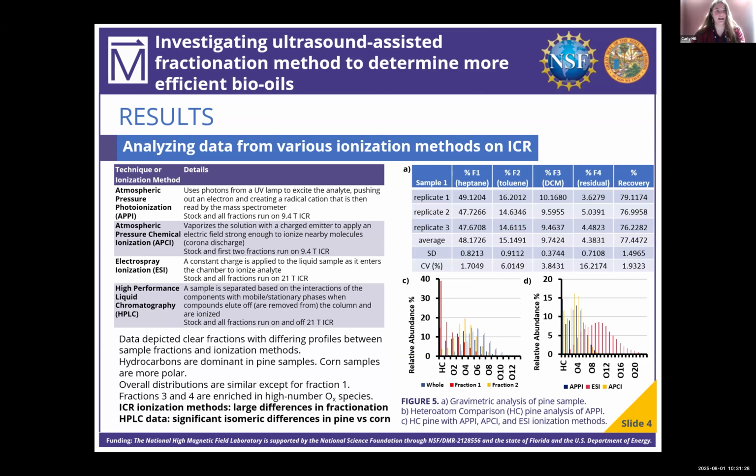We also ran ESI, which is a more polar ionization method, on the 21 Tesla ICR. This allowed us to see many different versions. You can see in these charts here some separation of those compounds that we were able to read in the samples. We also wanted to run HPLC, which is a method that separates samples as they're run through, to further separate those fractions and see how they behave.